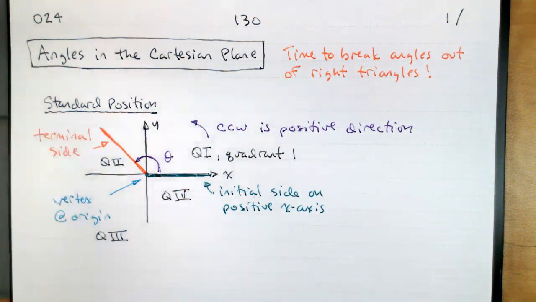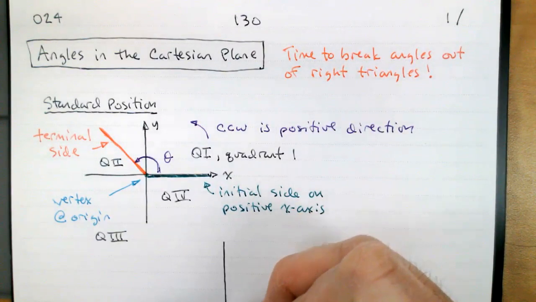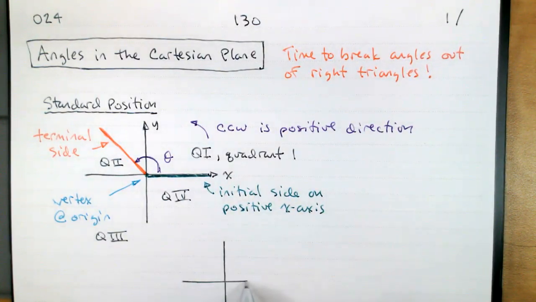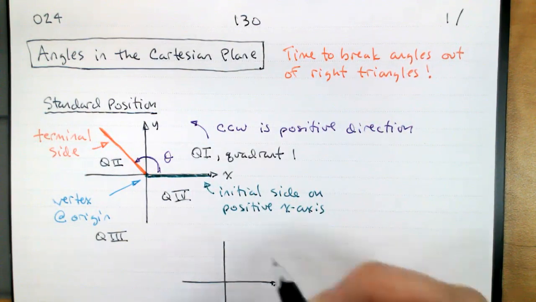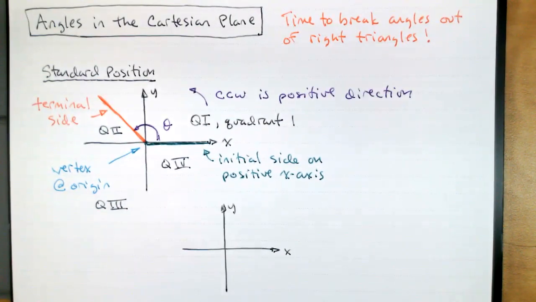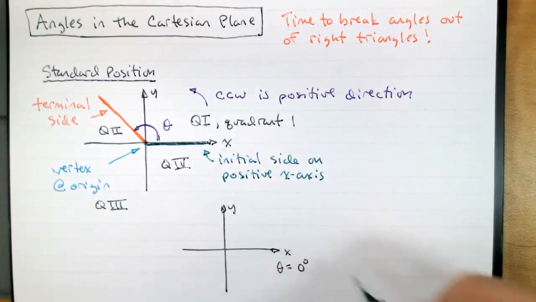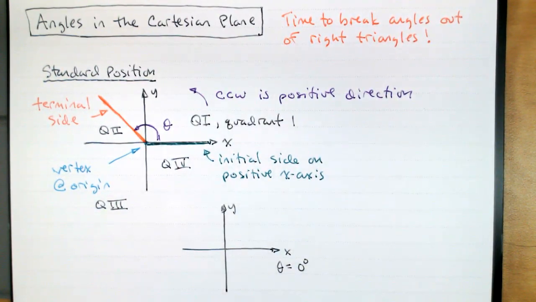So we know that going all the way around is 360 degrees. So each quadrant has a range of angles. Over here on the positive x-axis, that's where theta will equal 0 degrees. An angle that terminates in the first quadrant will have a measure between 0 and 90 degrees.